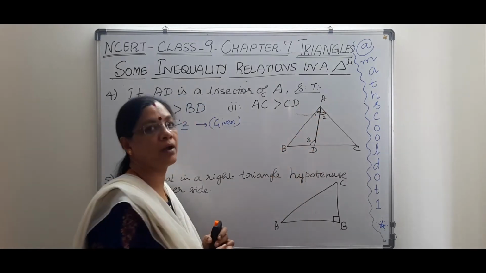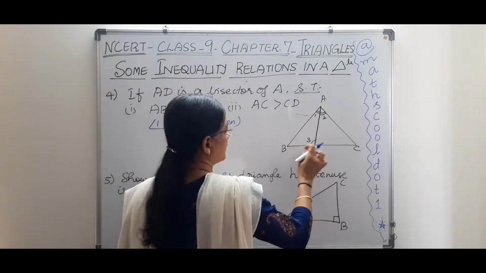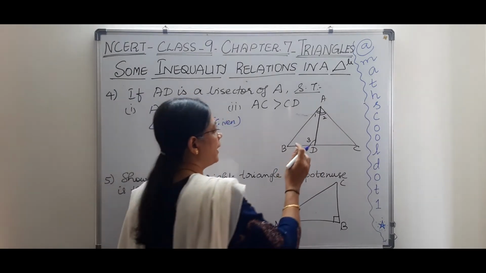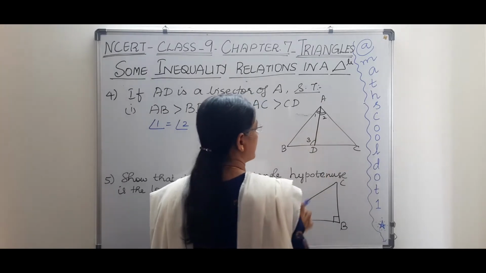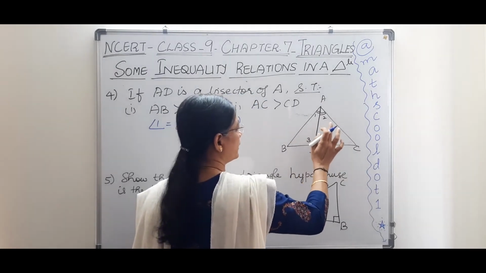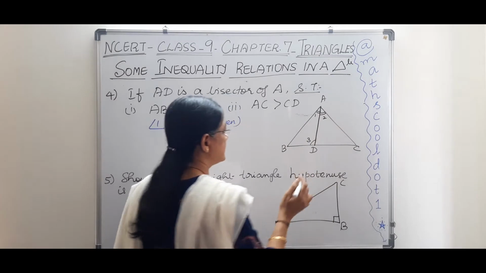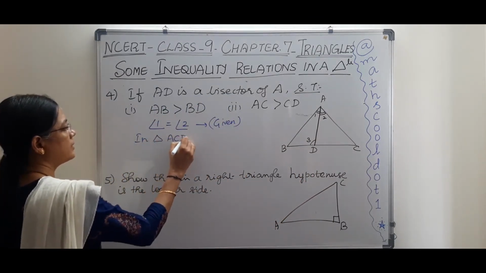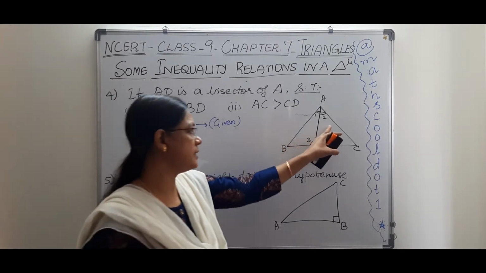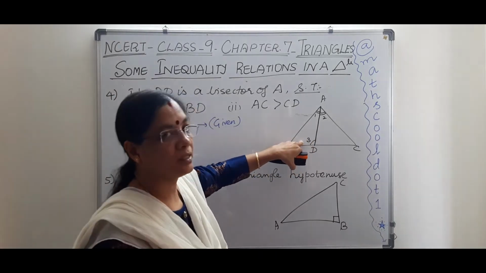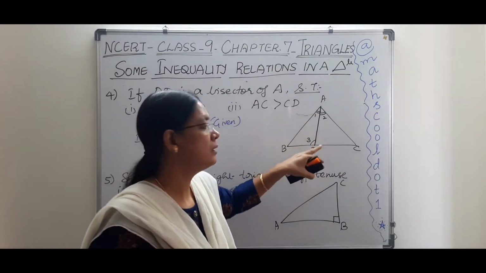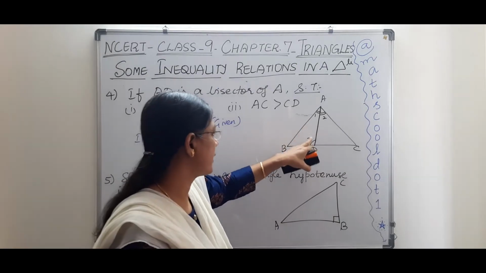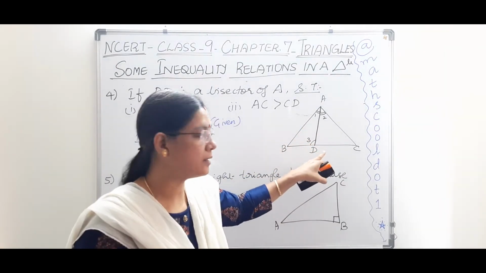So let us consider the triangle ABD, and you can refer to the triangle ACD too for proving this. In triangle ACD, angle 3 is exterior, while inside triangle ABD, angle 3 is the interior angle.